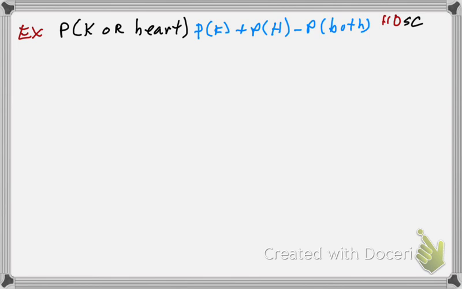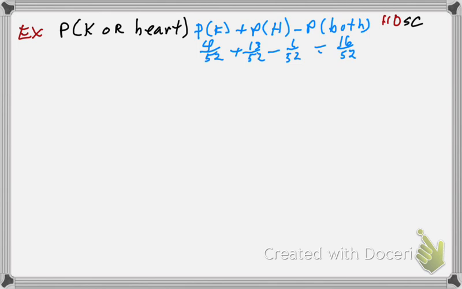Probability of a king, I've got 4 kings out of 52, so that's 4 52s. Hearts, how many? 13. Both, how many things are a king and a heart? So I've got to subtract that. There's my overlap. So I've got 17 minus 1, so 16.